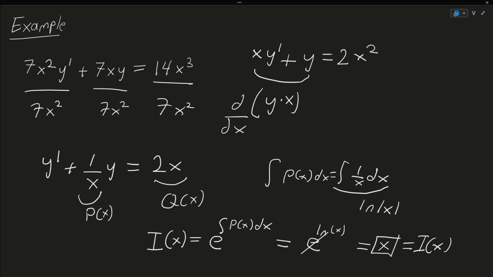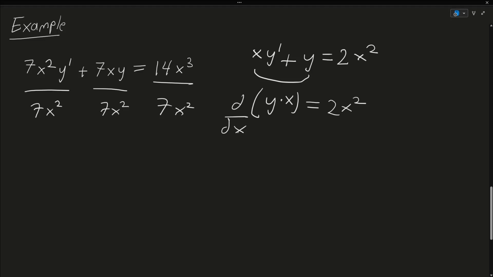So our integrating factor was x, so you're going to have x multiplied with y and the derivative of that, and you should be able to confirm when this is happening if you're not sure of your calculation. Anytime you can confirm this by taking the derivative of this product, and it will generate x y prime plus y equals 2x squared.